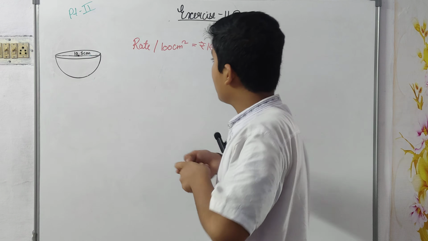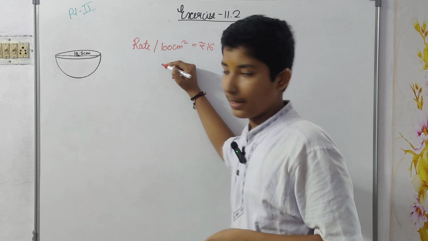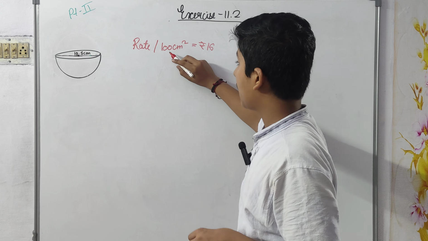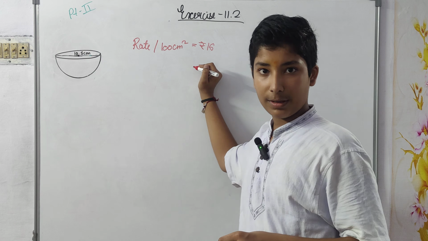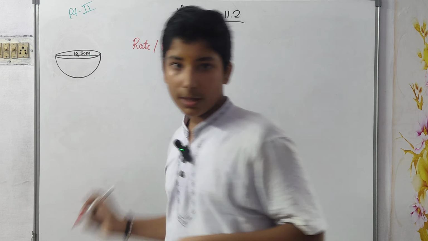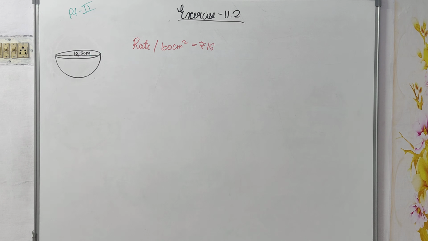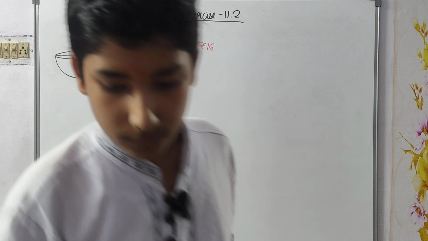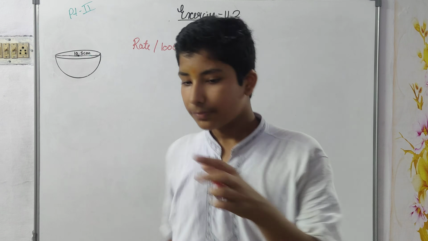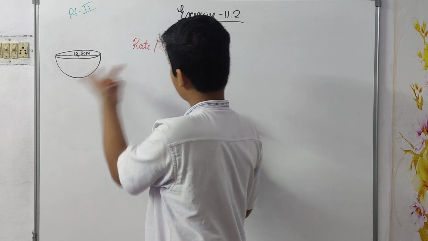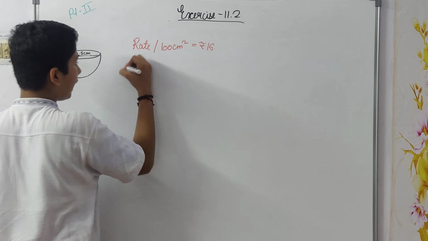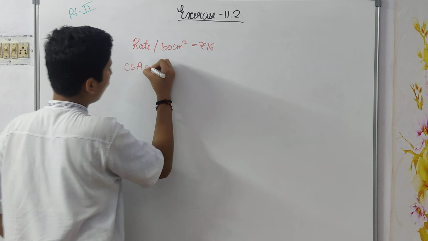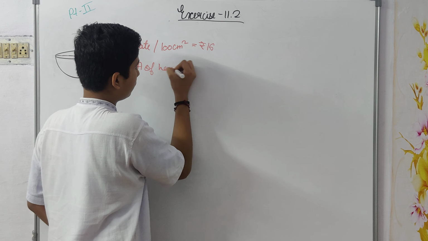Now the rate for tin plating per 100 centimeter square is rupees 16. So now let's find out CSA of hemisphere.